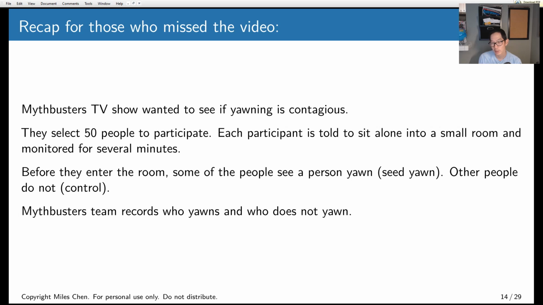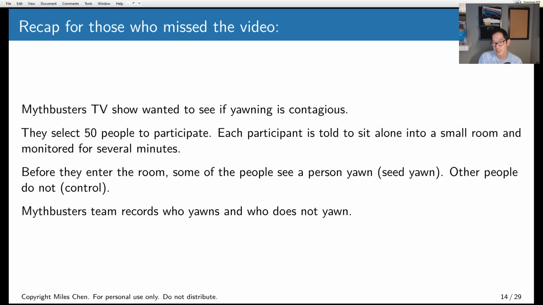Now, before they entered the room, some of the participants saw the host, the person running the experiment, intentionally yawn right in front of that participant. Then that participant would go into the room.